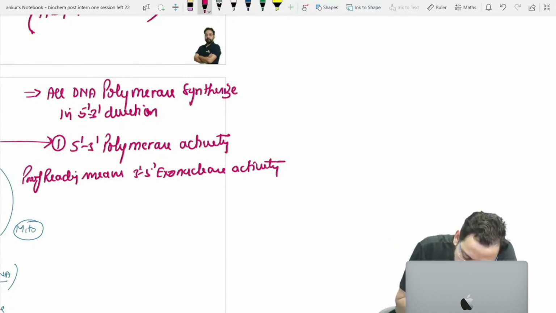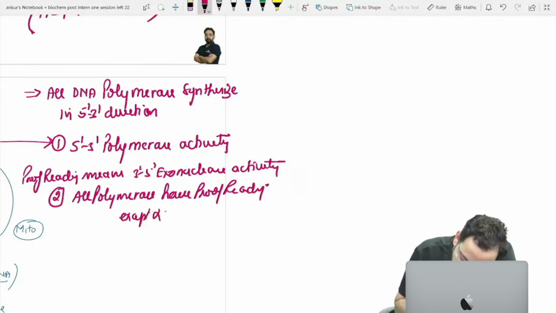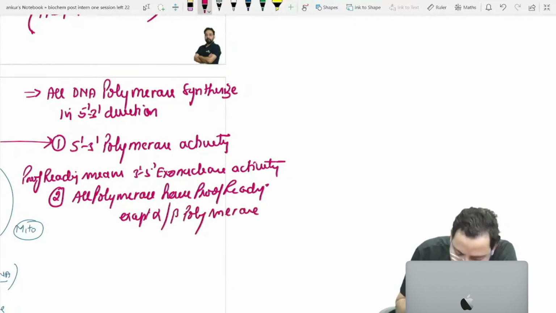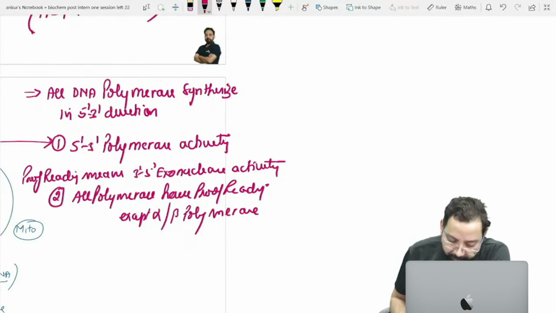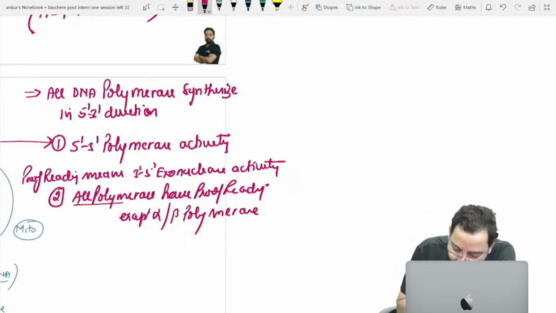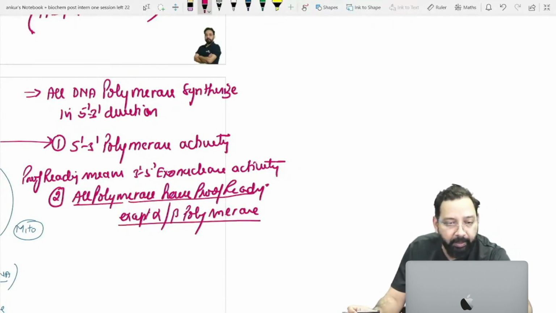All polymerases have proofreading except alpha and beta polymerase. All polymerases have proofreading except alpha and beta polymerase. Okay.